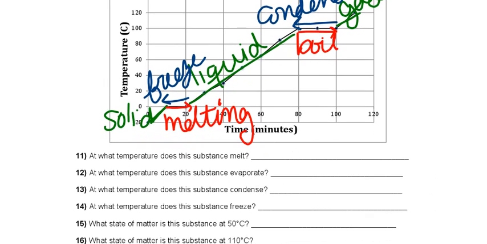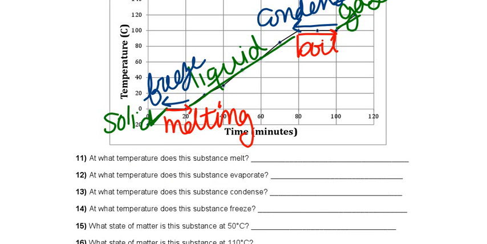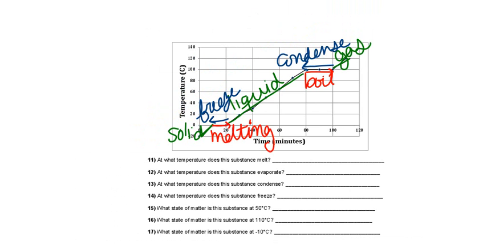Now we're going to use this information to answer these questions. Number 11 says, at what temperature does the substance melt? Well, if we look at the melting line, this line right here where it's transition between a solid and a liquid, that is happening at 0 degrees Celsius.